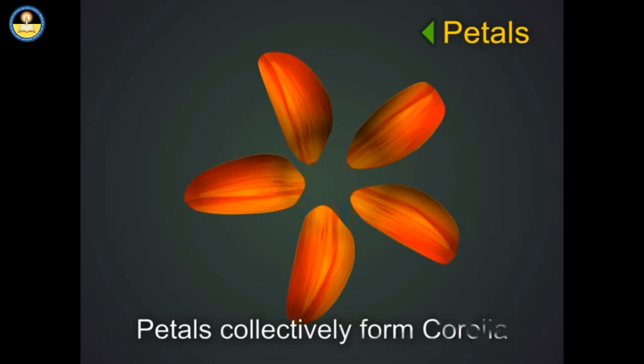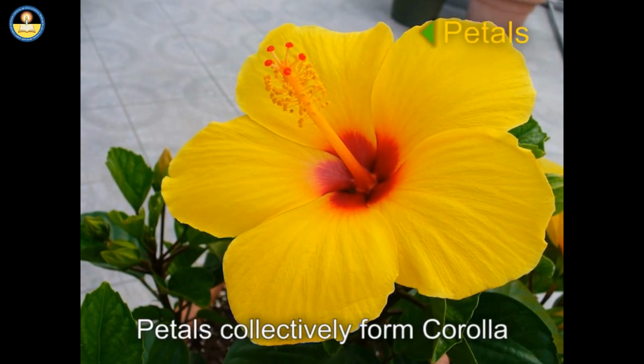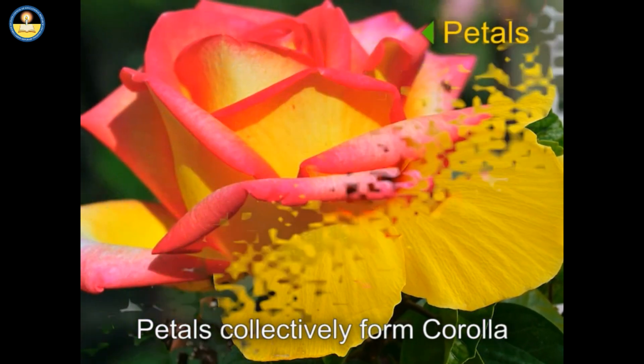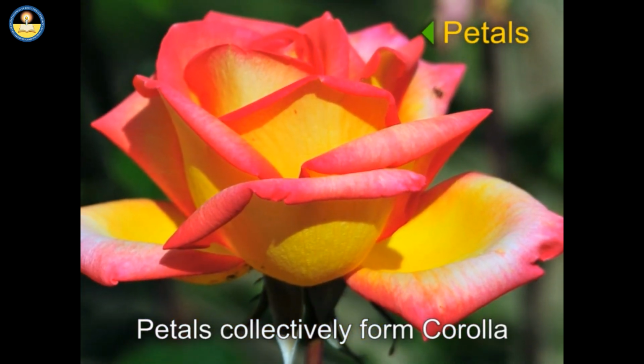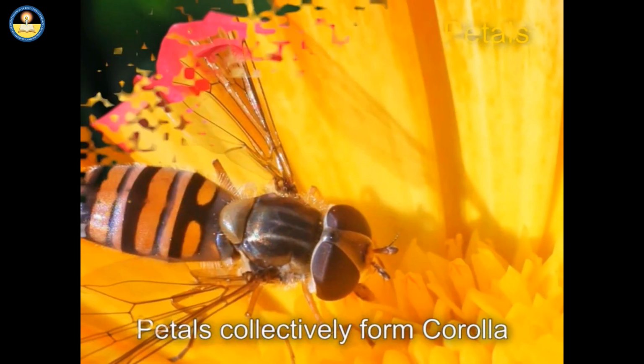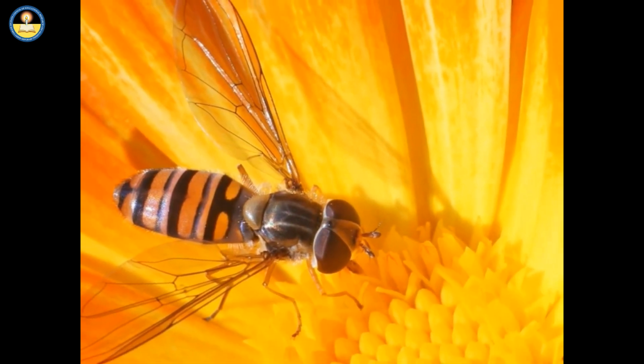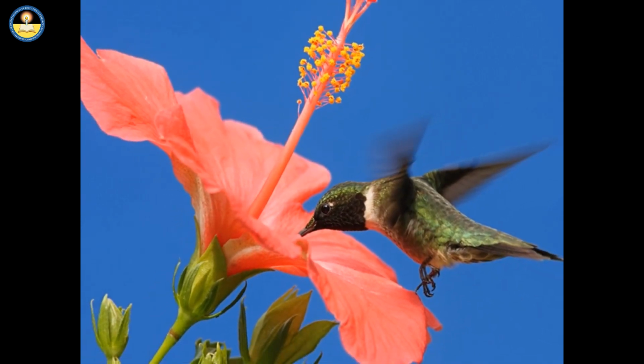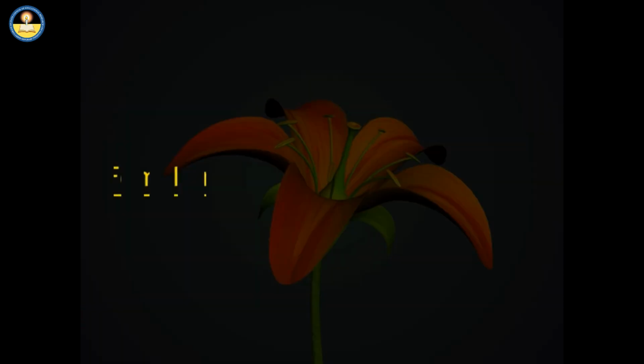Petals are often brightly colored and collectively form corolla. They serve to attract bees, birds, etc., which are the agents of pollination.